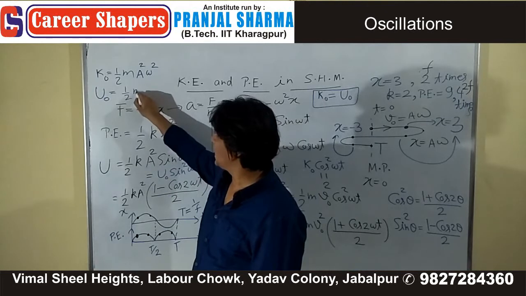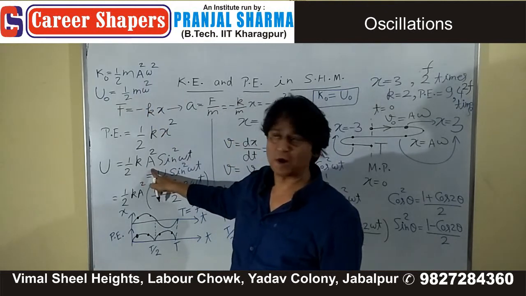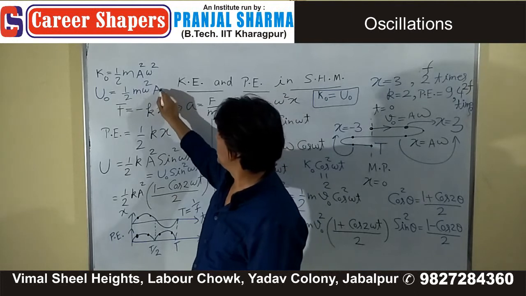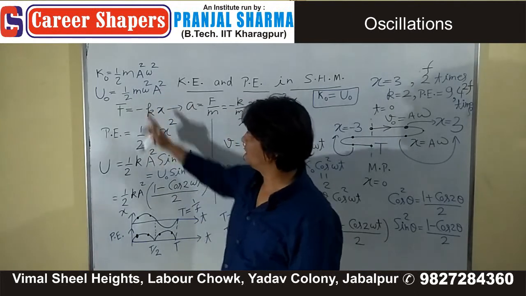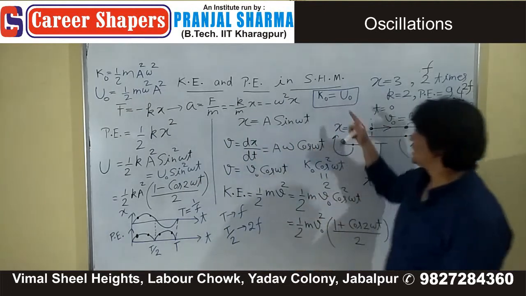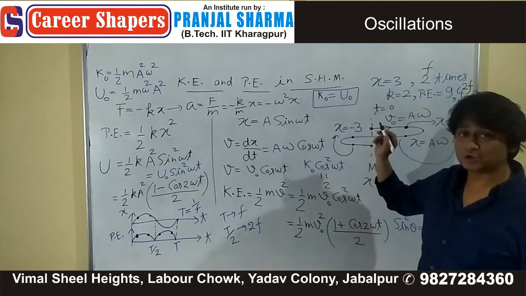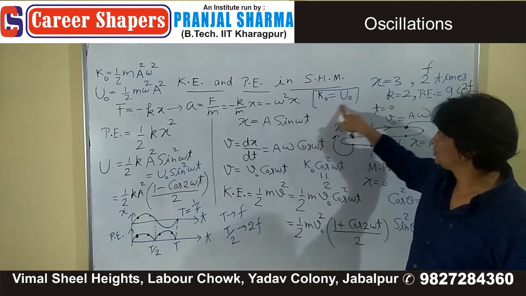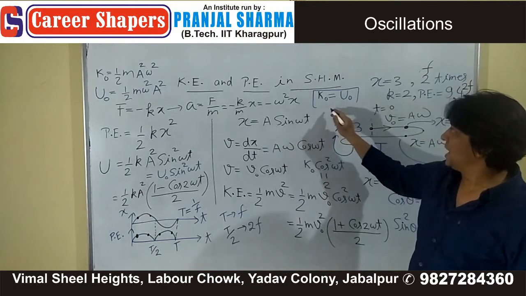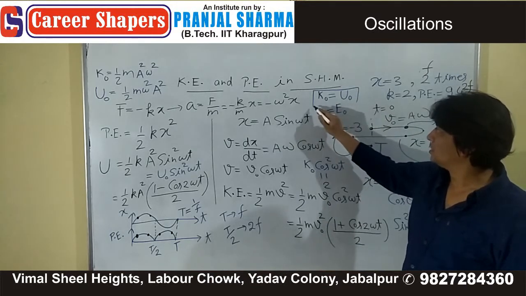K is m times omega square multiplied by A square. They both are the same. K naught is equal to U naught, and we'll now say that this K naught, which is equal to U naught, is equal to E naught.